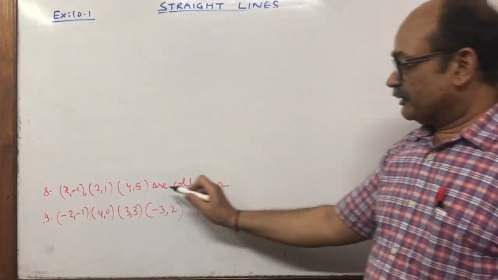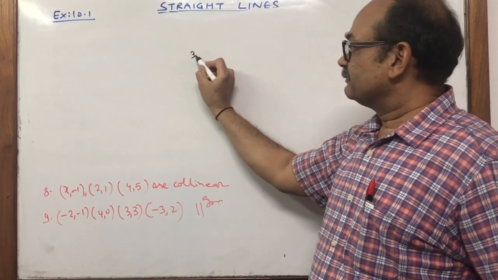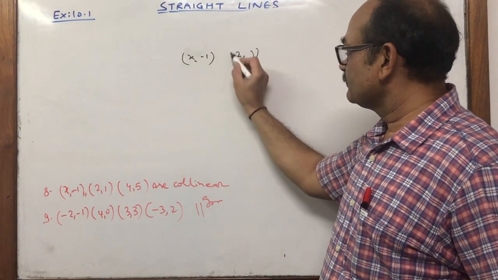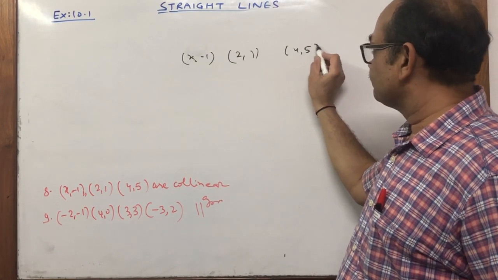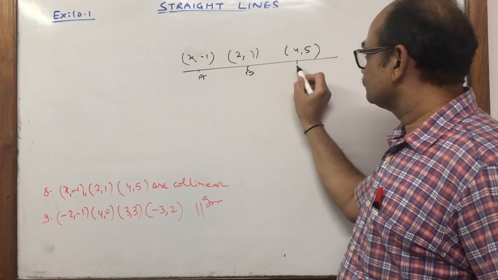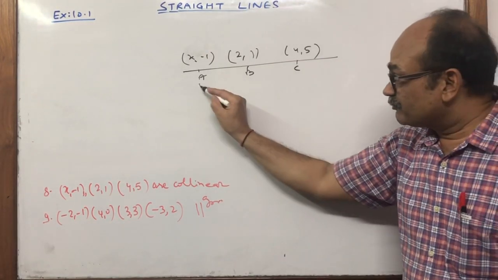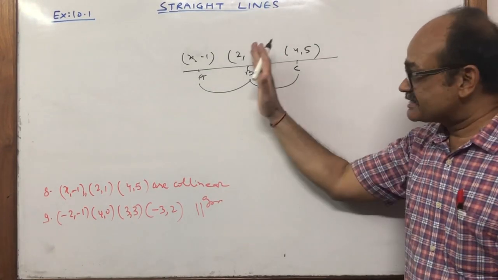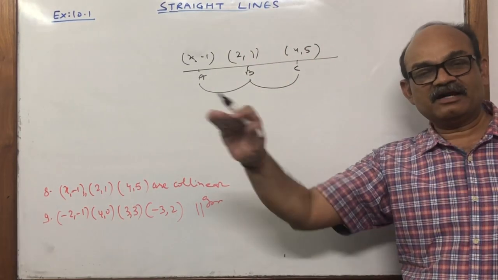Next is, these 3 points are collinear: x, minus 1, 2, 1 and 4, 5. See, if these 3 points are collinear, it means slope of AB is the same as slope of BC, and B is the common point. It means A, B, C are collinear.